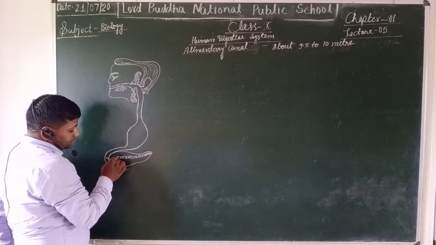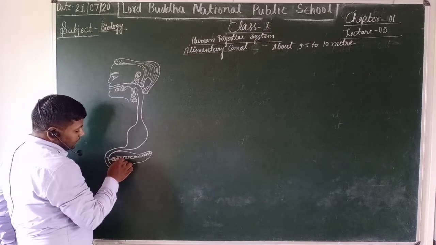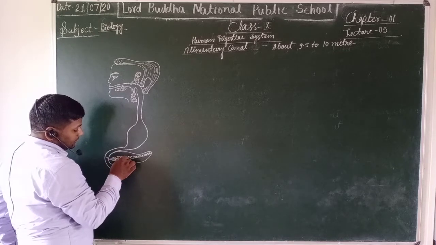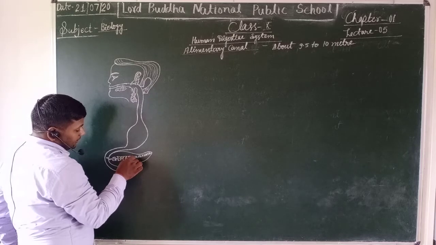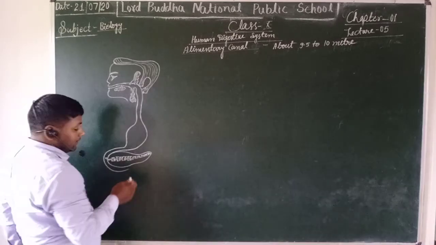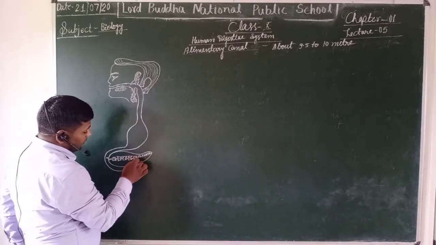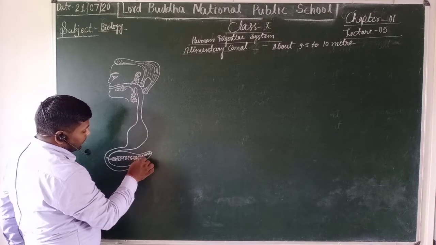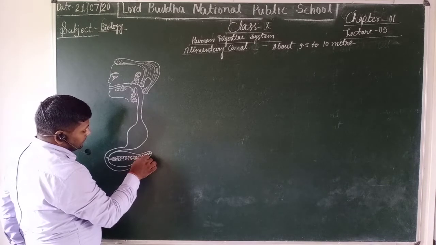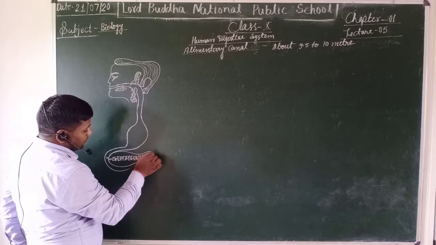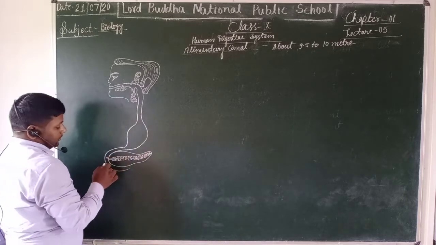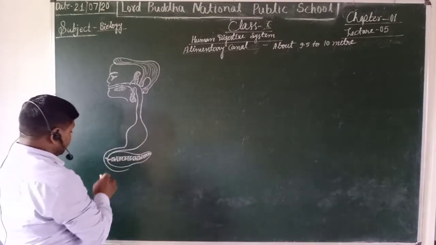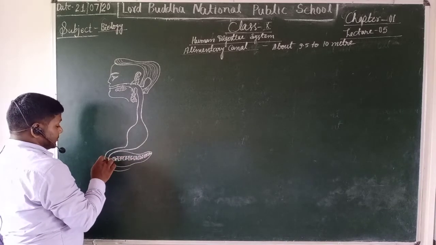The endocrine part contains endocrine glands, which are ductless and known for their hormone secretion, whereas the exocrine part contains exocrine glands, which are known for the secretion of digestive enzymes.